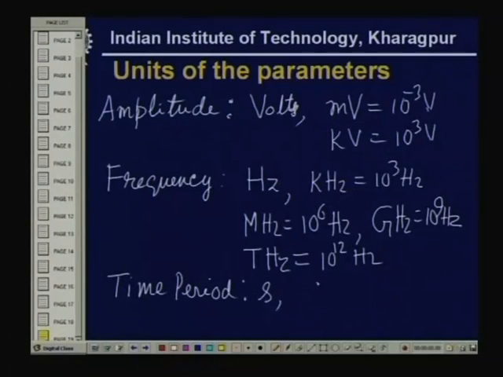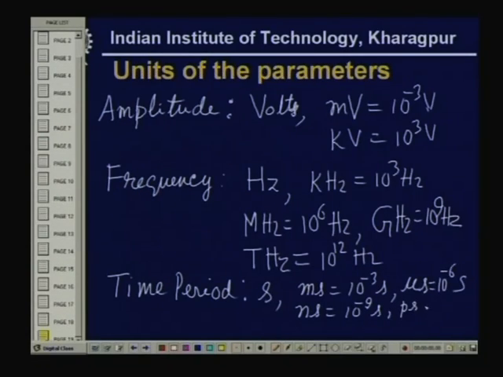Say we have to write millisecond, that is equal to 10 to the power minus 3 second, or microsecond, 10 to the power minus 6 second, or nanosecond, 10 to the power minus 9 second, or picosecond, 10 to the power minus 12 second. So, these are the various units for amplitude, frequency and time.